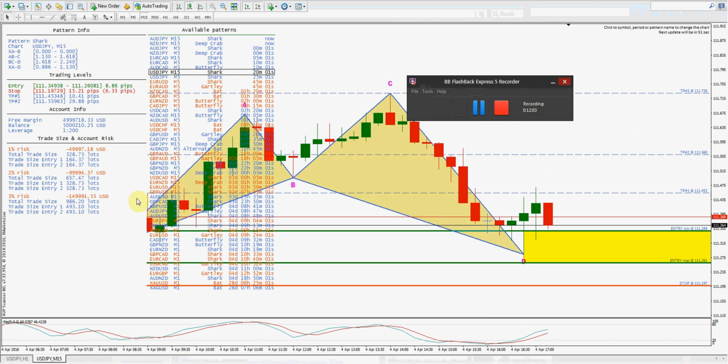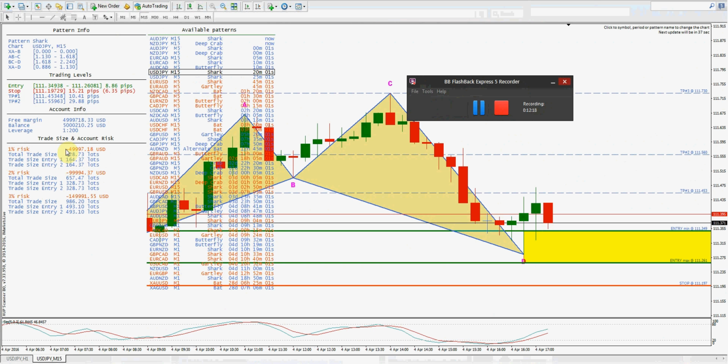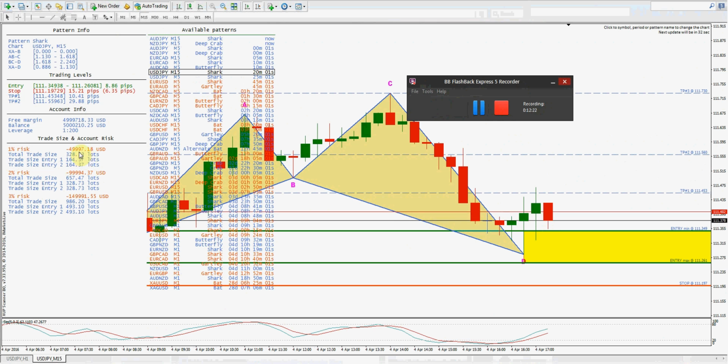If you take a look over here, you'll see where it says 1%, 2%, 3%. So this actually tells you how much you can risk on each trade. For example, if I want to risk 1%, it shows the amount there. It shows how many lots I can trade. This is, I think, a $5 million sim account.